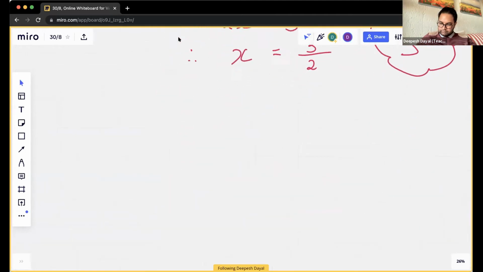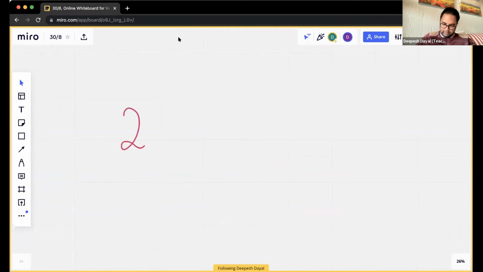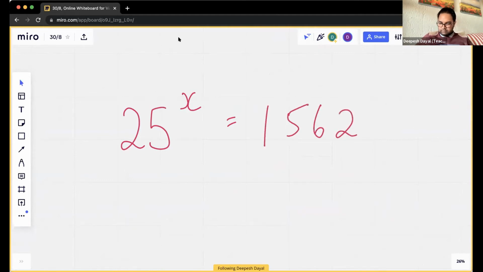Let's try this one. 25 to the power x equals 15625.